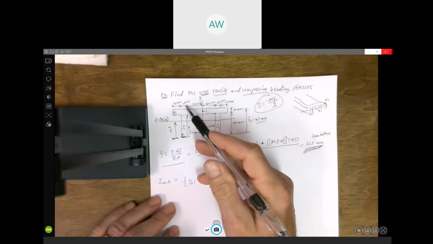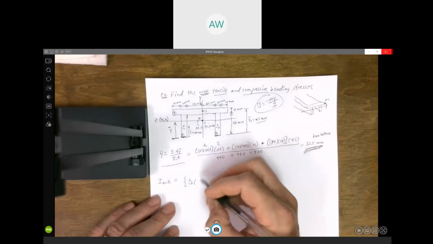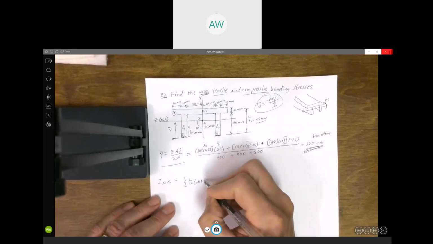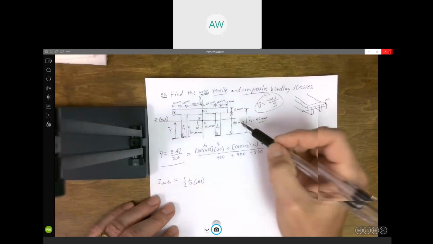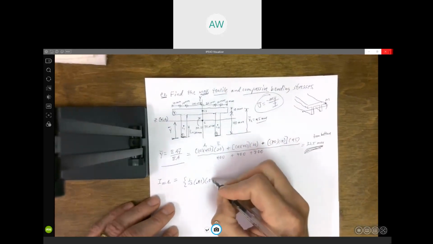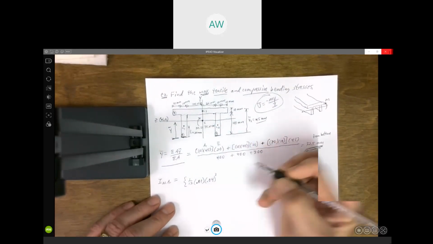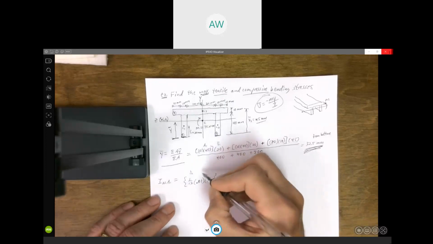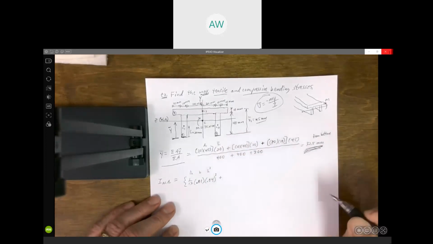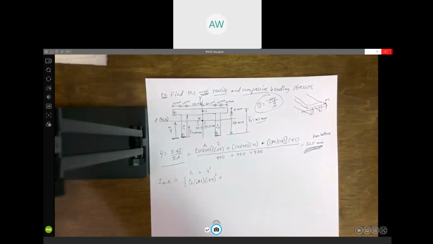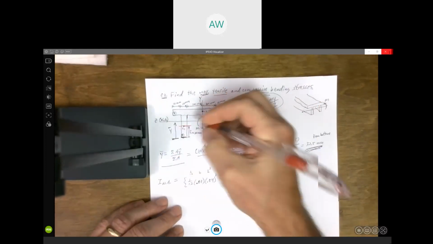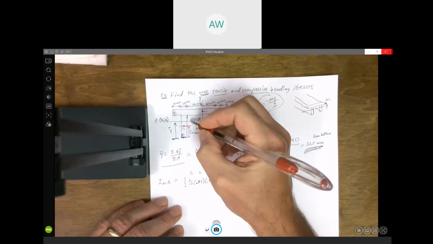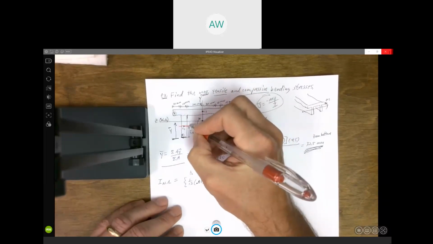So the base, 10 millimeters, is 0.01 meters. So 1/12 base, and the height of rectangle 1 is 0.04 cubed. That's my 1/12 base times height cubed. But this centroid does not lie on the axis I'm calculating, so I need to know that distance.